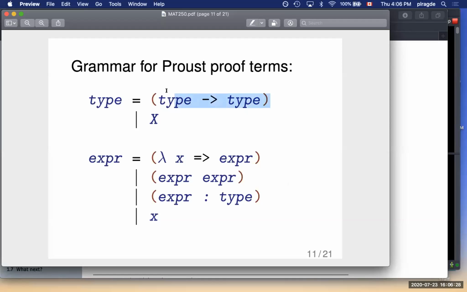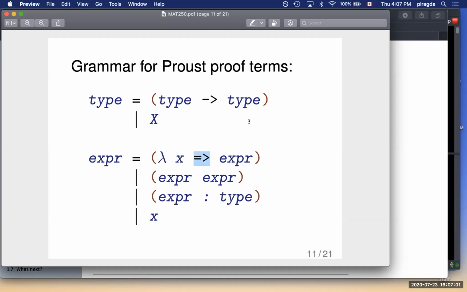Types are fully annotated, and the arrow is formed by a minus and a greater than sign. You can do this with Unicode, but I thought it'd be a little easier here to not do a lot of Unicode. Similarly, for expressions, instead of the dot in lambda calculus, we have this double right arrow.